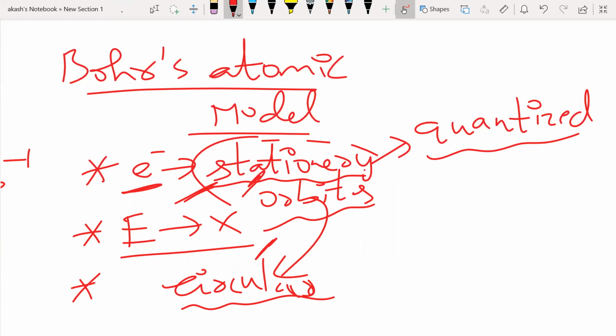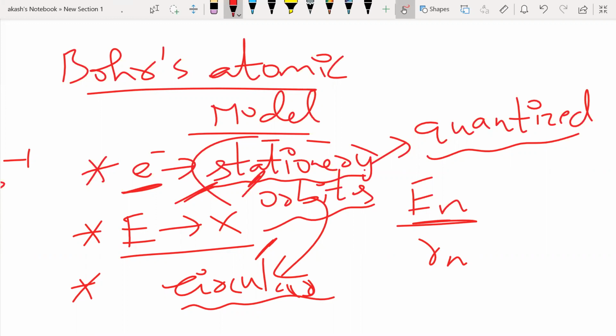Then again, there are a lot of derivations. He found out so many things. He found out the energy of the electron in the nth orbit, or the energy of the nth stationary orbit. He found out the radius using mathematical calculation. His theory is not experimental at all. It is purely theoretical, based on mathematical calculations.